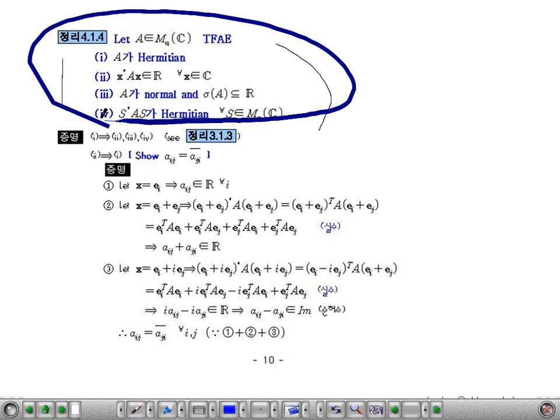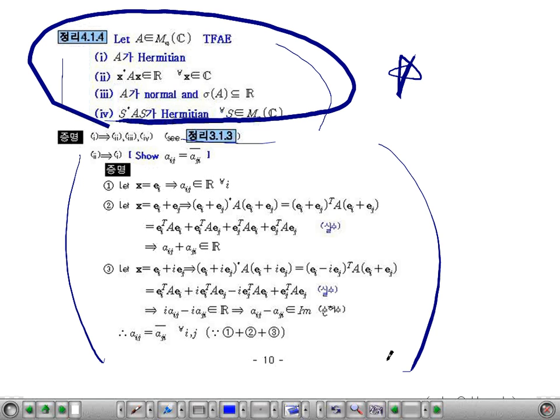Okay. And this proof is very standard, very typical. All the other parts are very trivial, and the only proof with a significant contribution was the proof from part 2 to part 1.